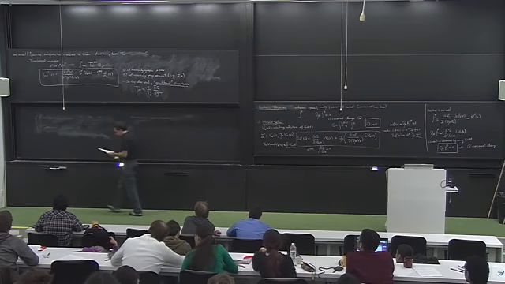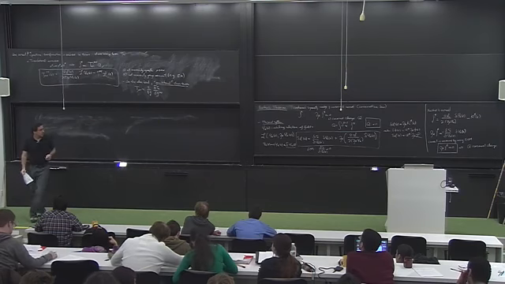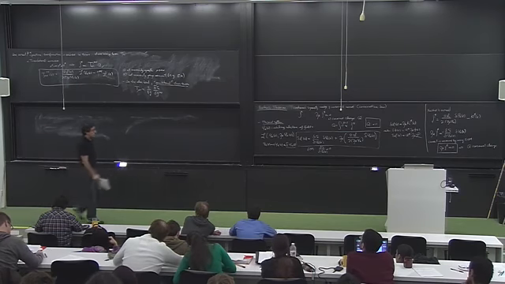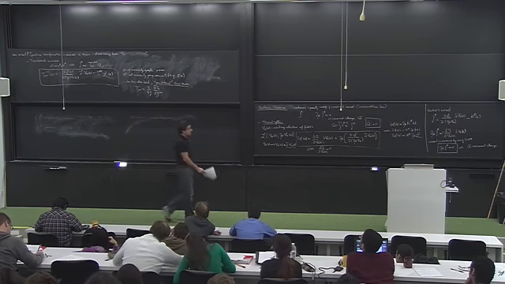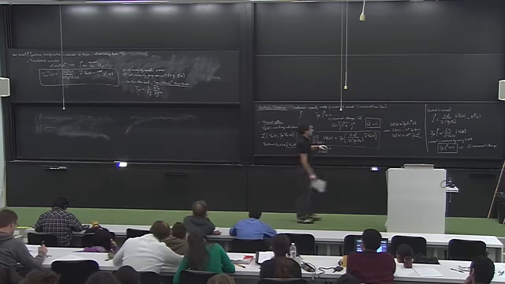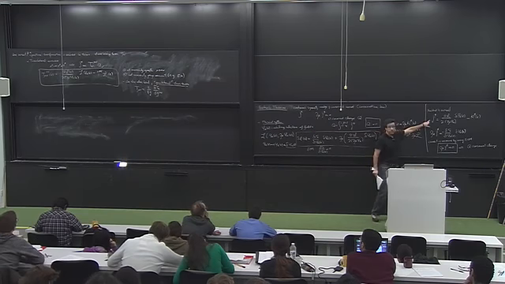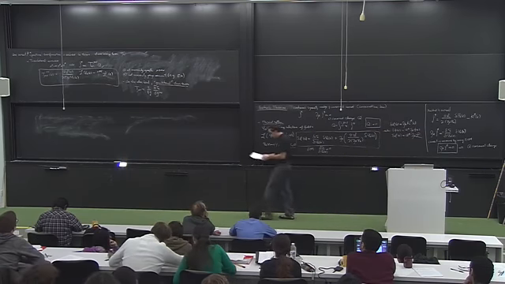So the first thing to tell you is that the form of the conserved current is ambiguous. Okay, so there is an ambiguity.